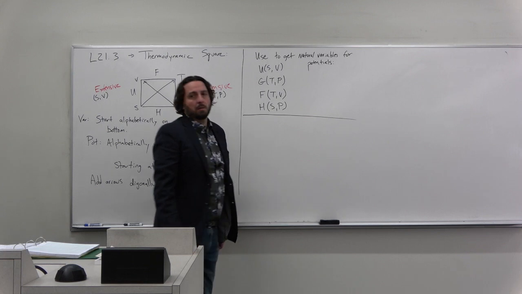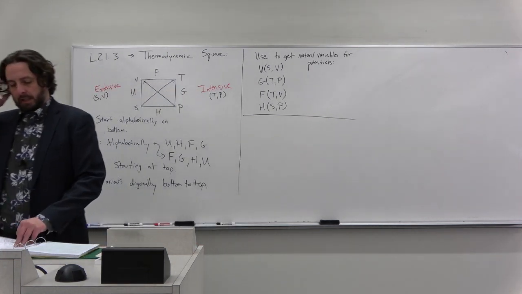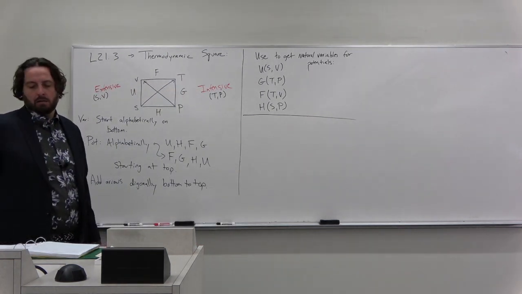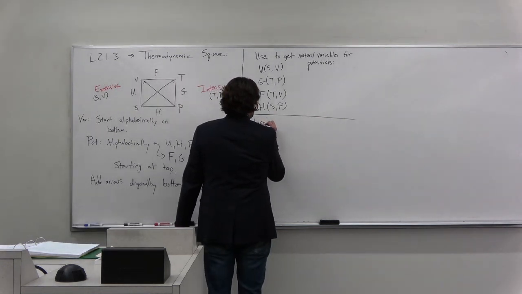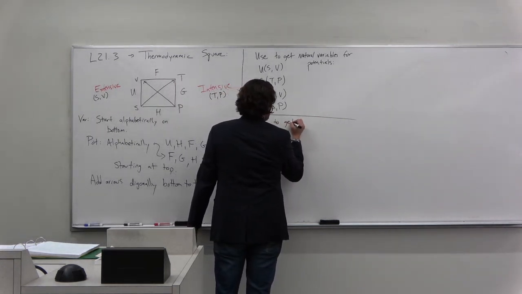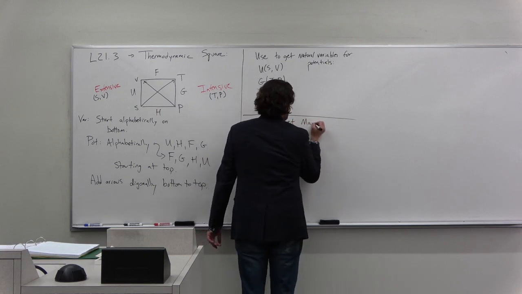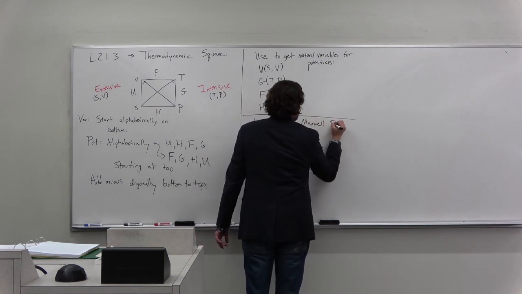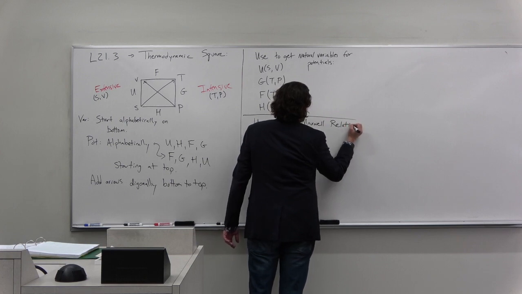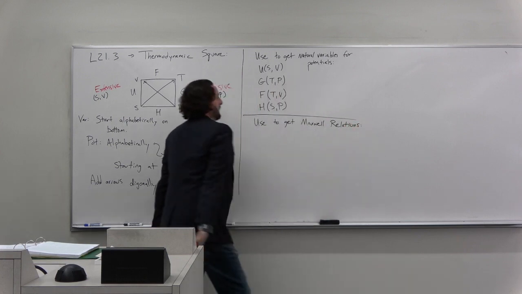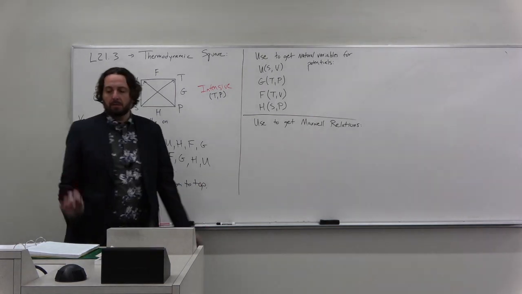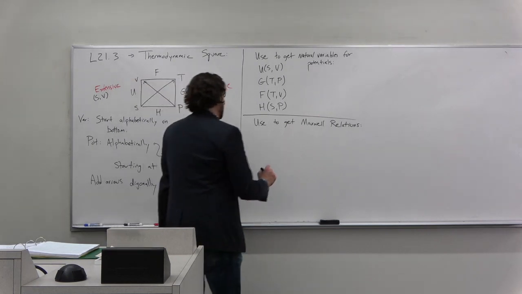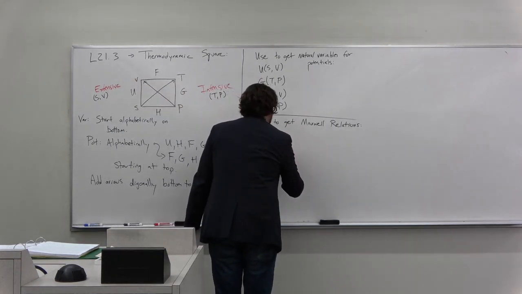But we can also use it to get our Maxwell relations. Okay, how are we going to use this to get our Maxwell relations? Well, I'm going to redraw my square here. I'm going to make it a little bit smaller.